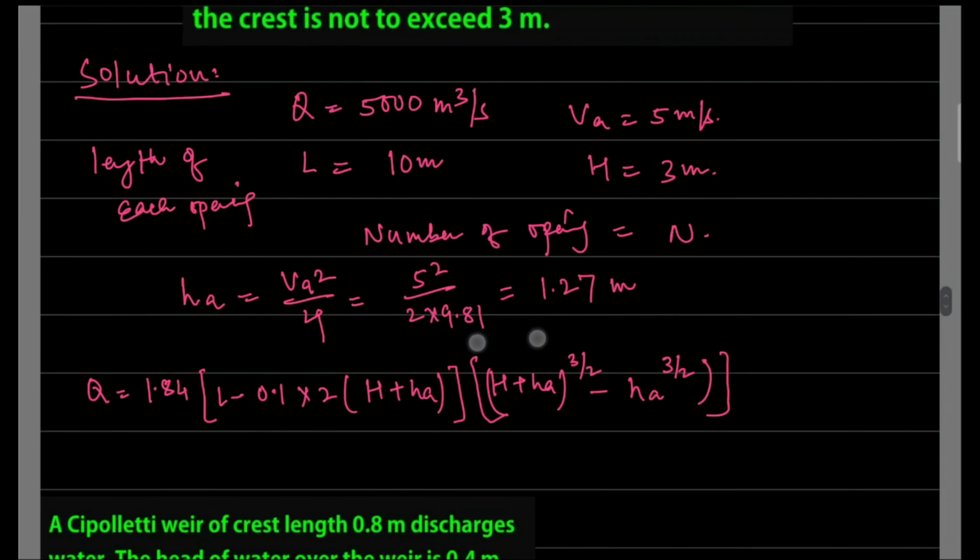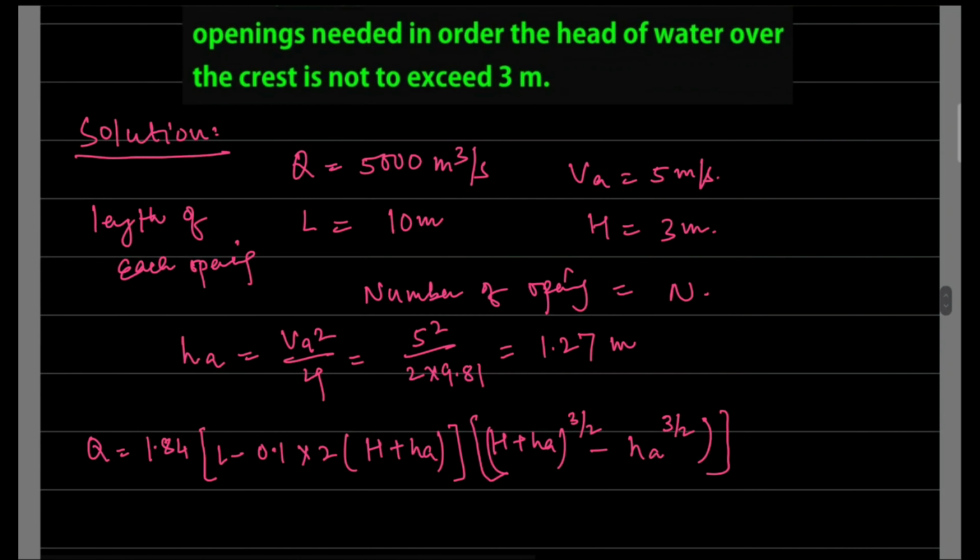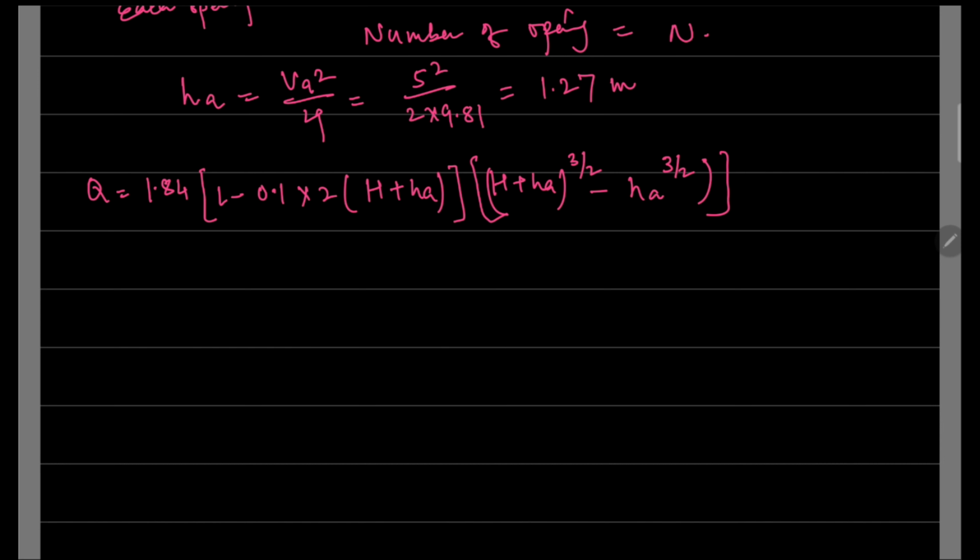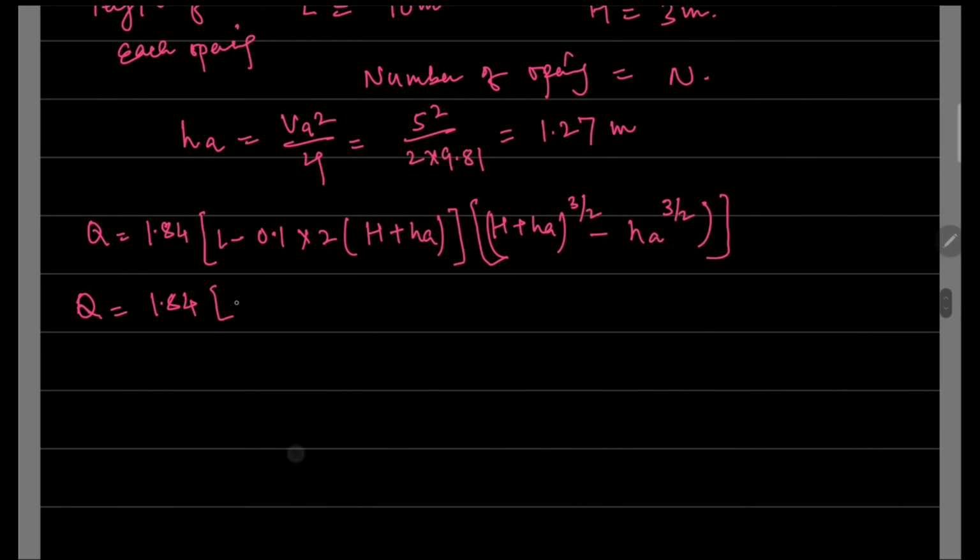So we can put all the values. Q is equal to 1.84, L is our 10 meter, so (10 minus 0.1 multiplied by 2), so this is 0.2, and H is given to us as 3 plus HA, which we found out to be 1.27, bracket close.